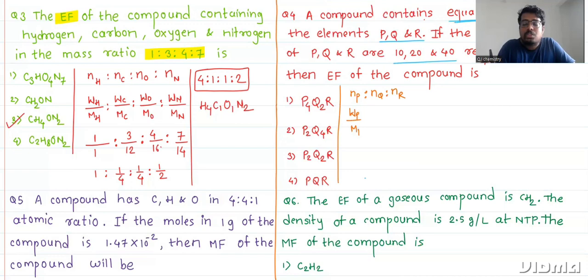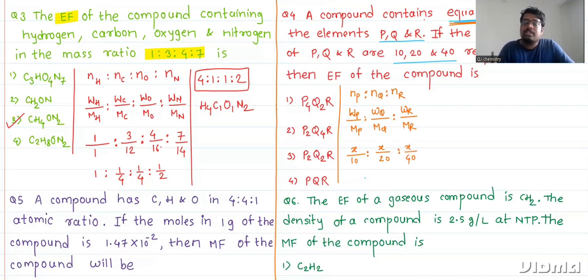Since they have equal masses, let us take x by 10, x by 20 is to x by 40.